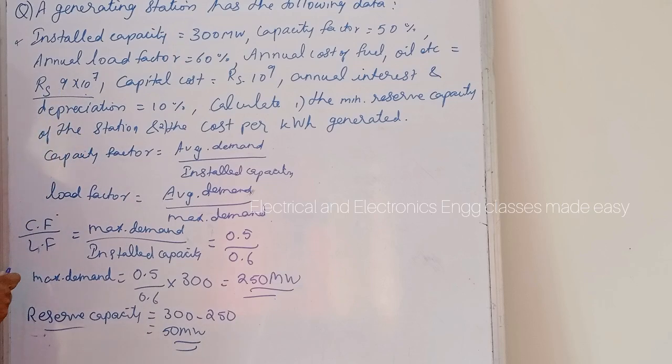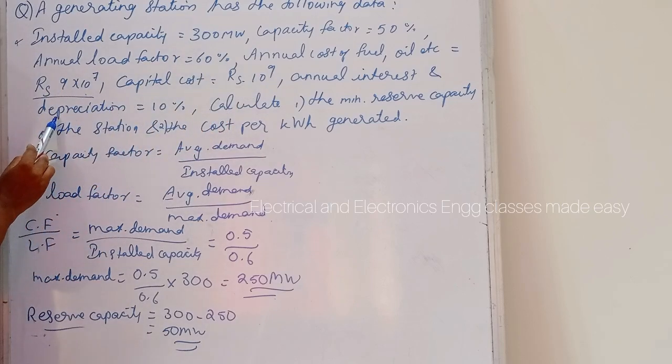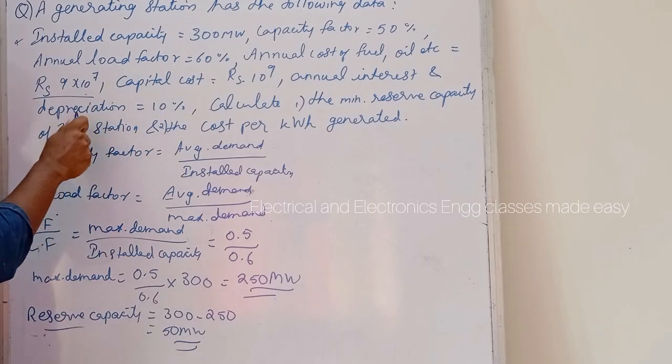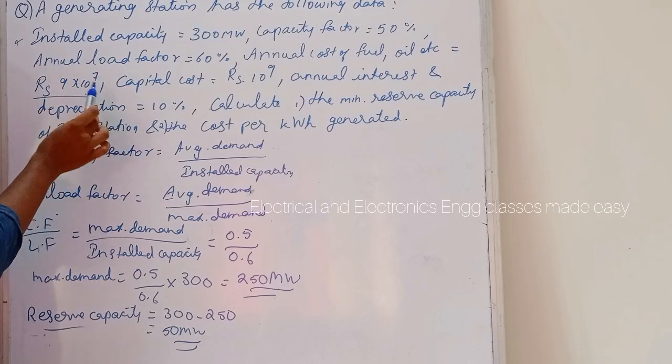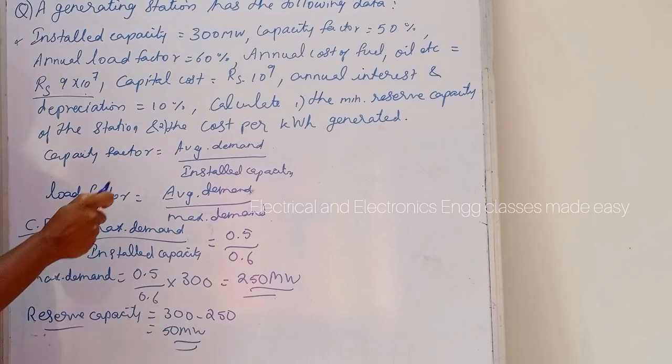And to find the fixed charges, here we have annual interest and depreciation is 10%. We have to find the fixed charges, then add the running charges, then we will get the total charge, and we have to find the cost per unit generated.